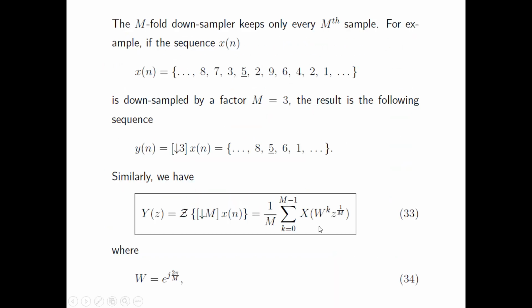Now if we consider M, we will get this equation, with 1 by M and so on, where W is given by e to the power j 2 pi by capital M. If you substitute the value of W here, you will see that with the downsampling factor of 2, M is coming, capital M is coming, and that gives us the general case of downsampling when you are doing the downsampling with a factor of capital M.